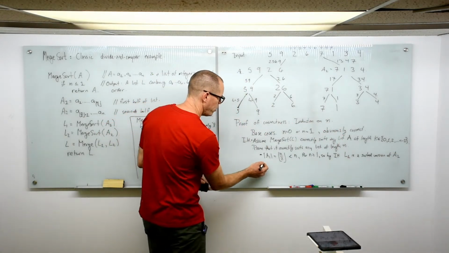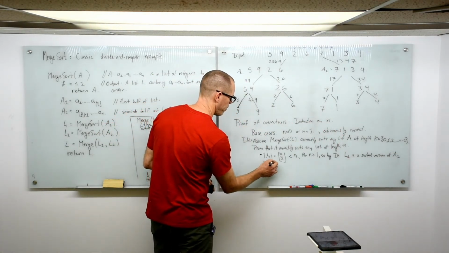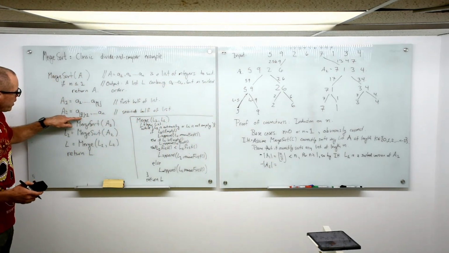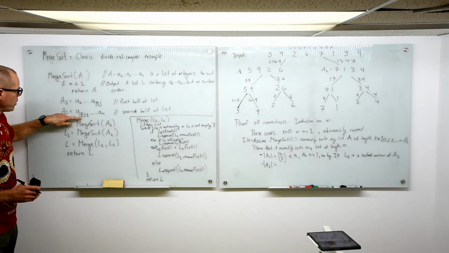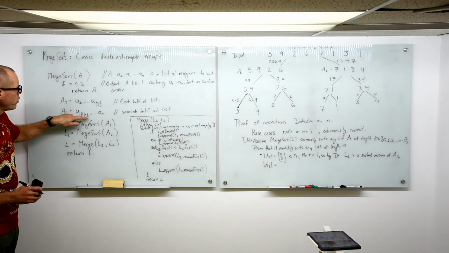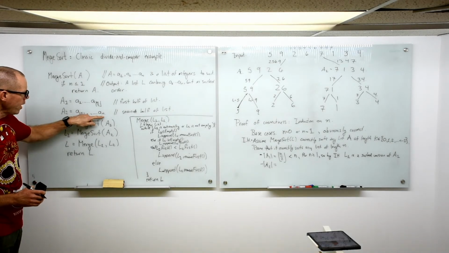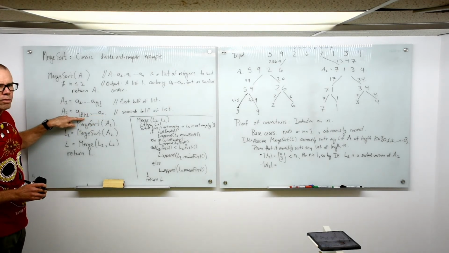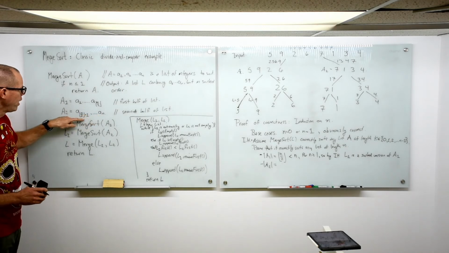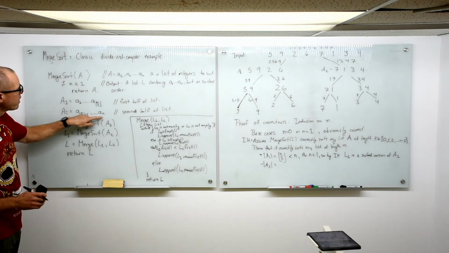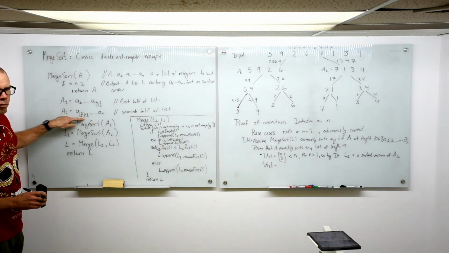Now if I look at A2, how big is that? It contains the elements whose indices are the floor of n over 2 plus 1 all the way up to n. And if you think about this for a little while, you'll see that the number of elements in that list is the ceiling of n over 2.